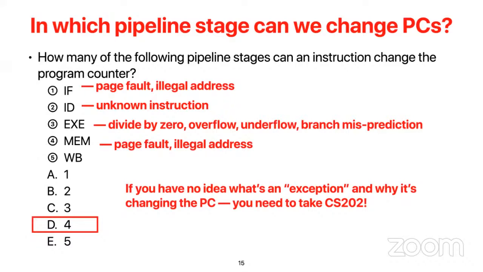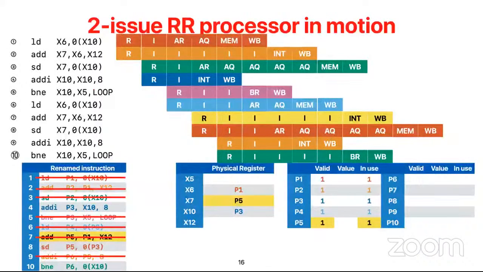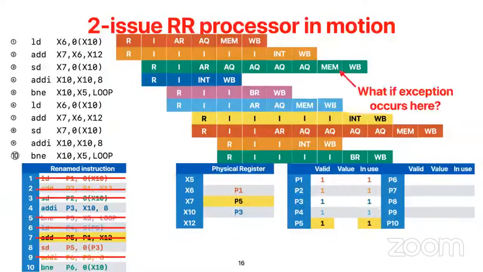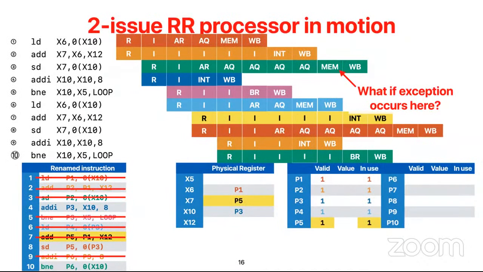All right, so back to this question. If you look at the pipeline, everywhere during the execution, except for the last stage called write back, could potentially change your PC. So if you look at the 2-issue out-of-order pipeline that we had before, if an exception occurs here, then instruction 4 is already done.